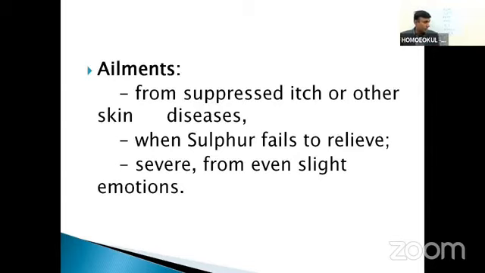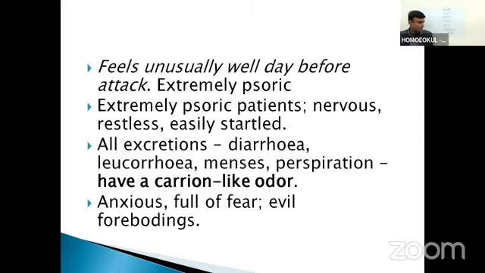And the next one: feels unusually well the day before an attack. Okay. All excretions, diarrhea, leukorrhea, menses, perspiration have a carrion-like odor. Also a very important line of Psorinum.